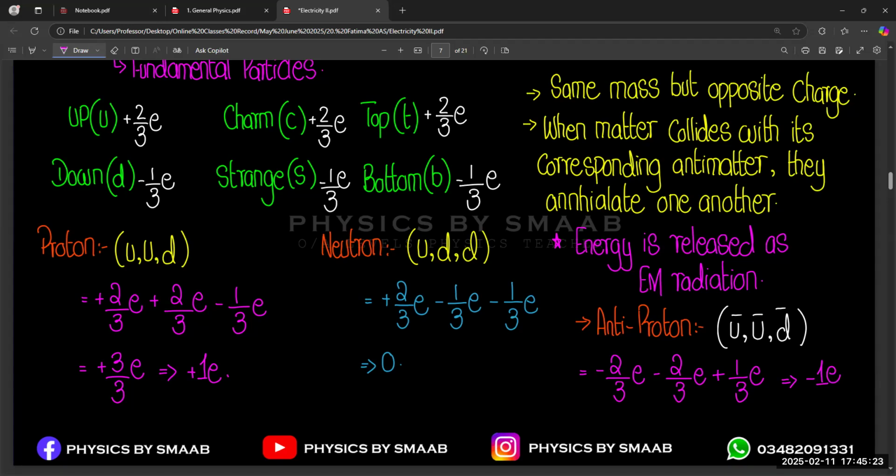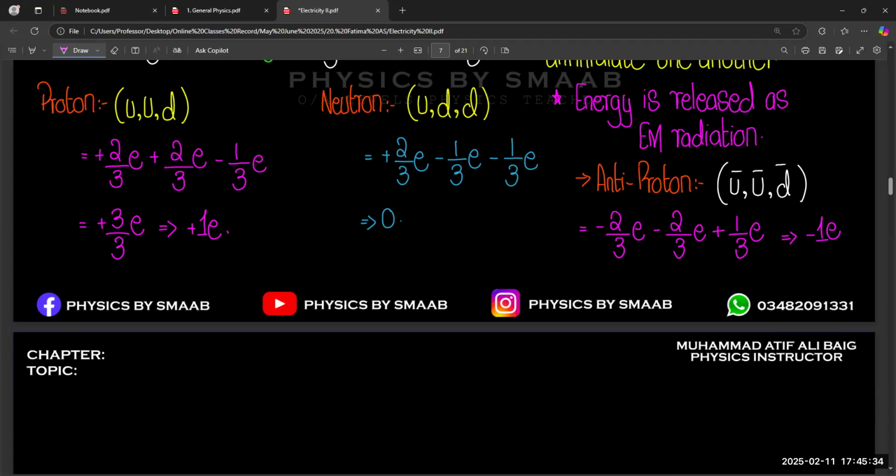And in the same way, if we consider the antineutron, in neutron we have up, down, down. So in antineutron, it will be anti-up, anti-down, and anti-down.